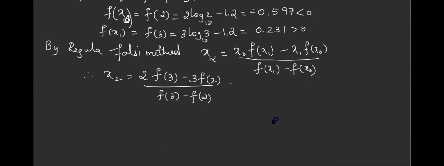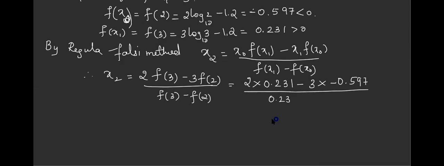Now substitute the values. 2 into f of 3, which is 0.231, minus 3 into f of 2, which is minus 0.597, divided by f of 3, 0.231, minus f of 2, minus 0.597. Minus into minus is plus, here also plus. Calculate. All of you just operate the calculator, please.